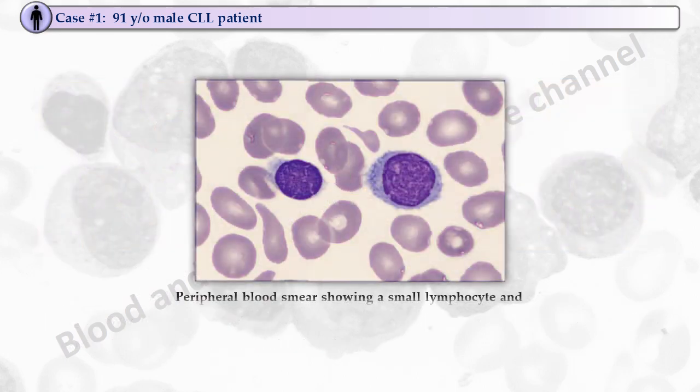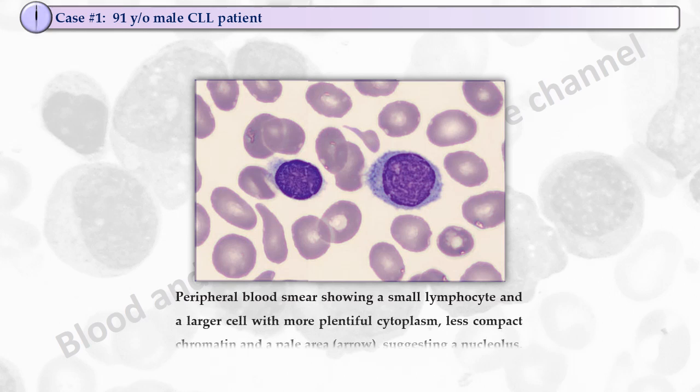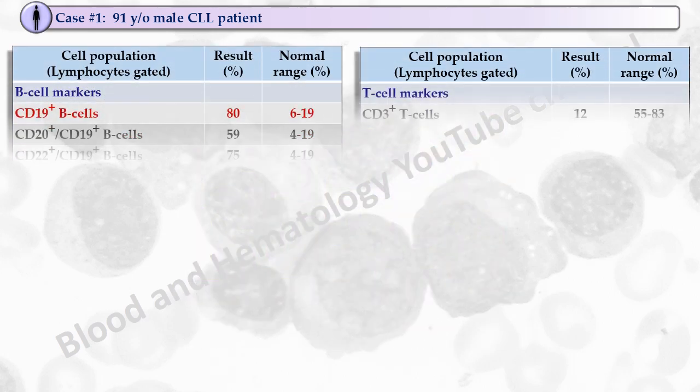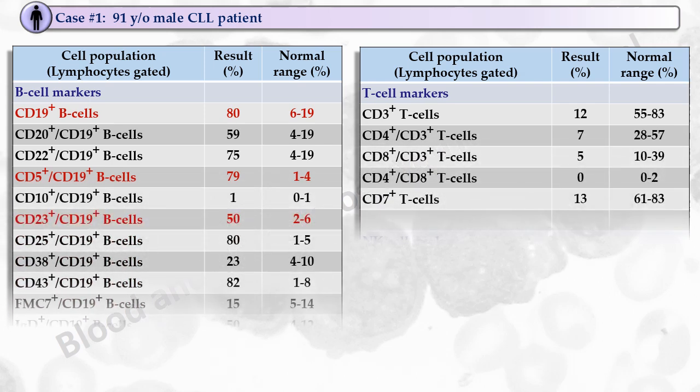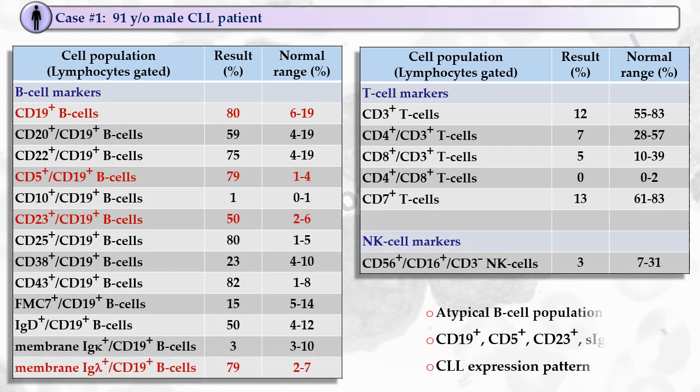Peripheral blood smear showing a small lymphocyte and a larger cell with more plentiful cytoplasm, less compact chromatin, and a pale area suggesting a nucleolus. Flow cytometry immunophenotyping revealed that the surface marker expression pattern corresponds to CLL.